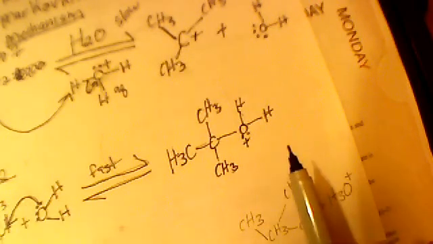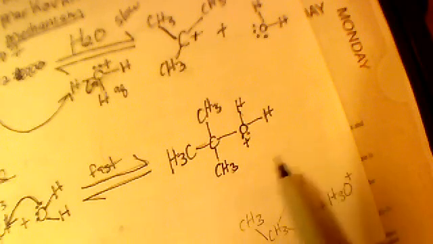When you do the Lewis dot structure, which I'm not going to do here, it becomes positive. So then step 3 is deprotonation. This is how you turn it into an alcohol.